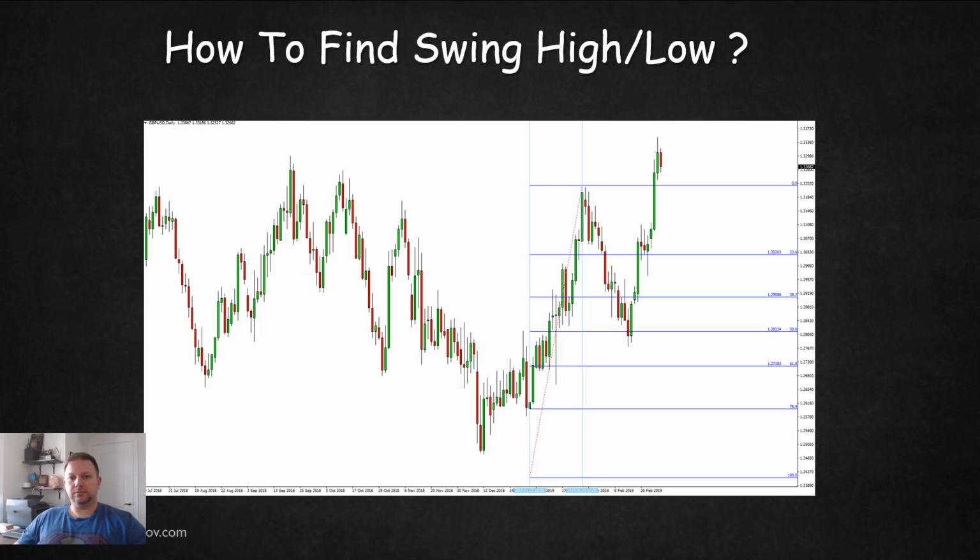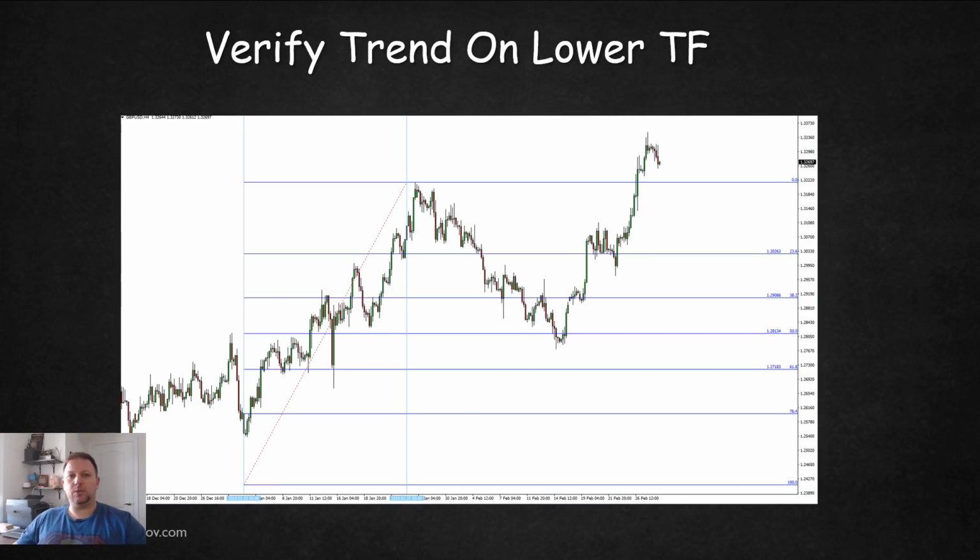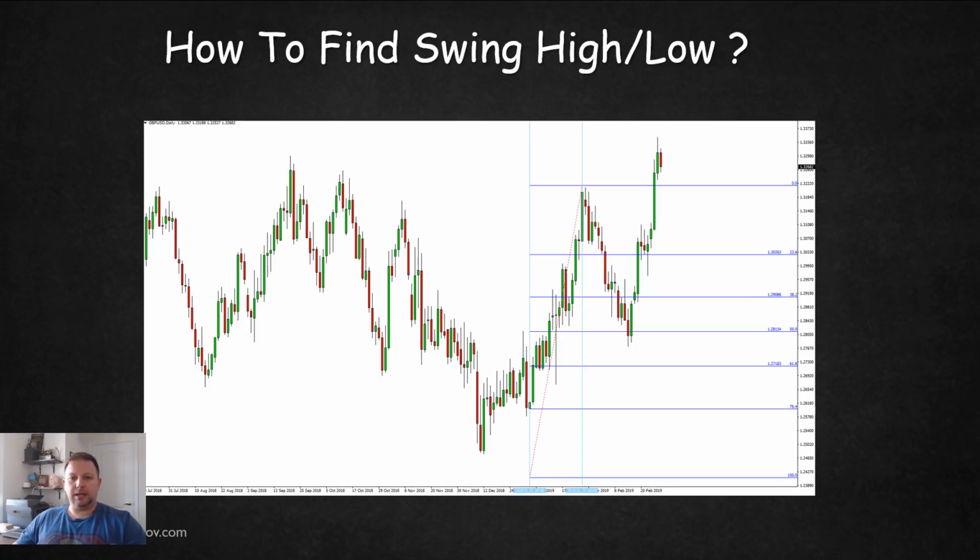Now comes the next most important thing, which I want to show you: how we choose our movements. So we want to choose the highs and lows.